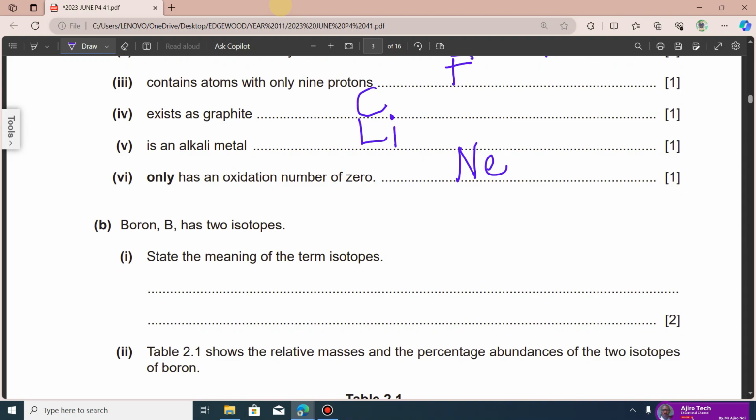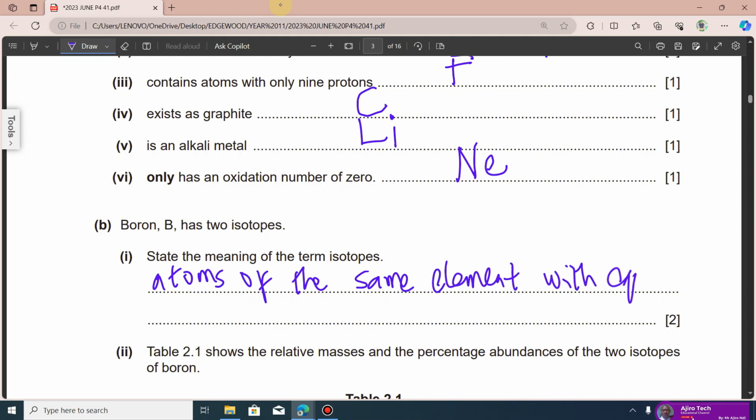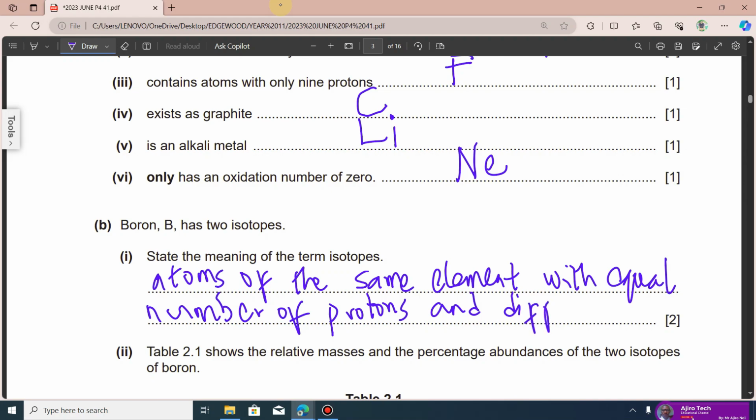Okay, so isotopes are simply atoms of the same element with equal number of protons and different number of neutrons.